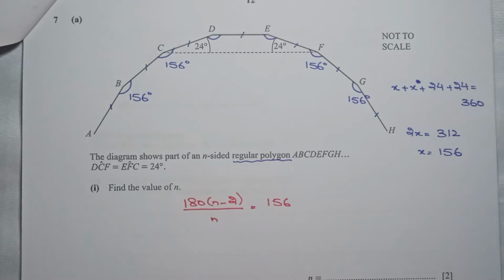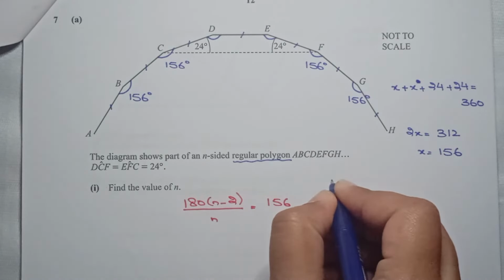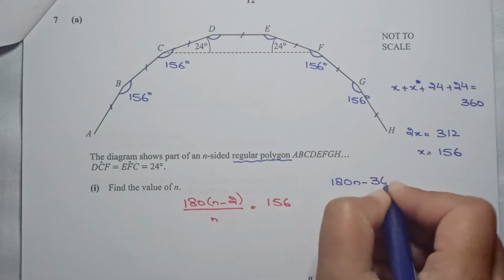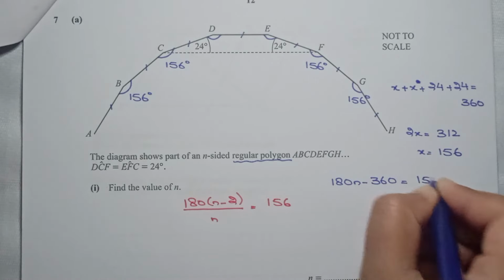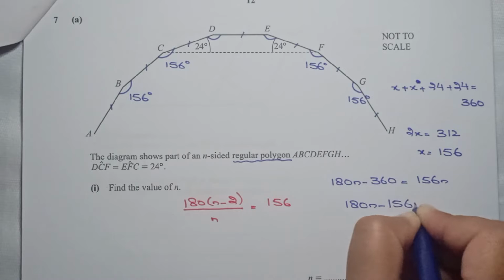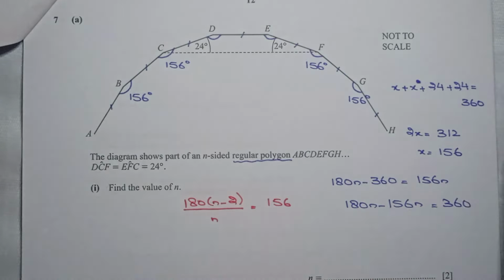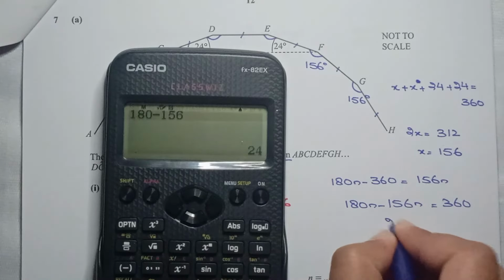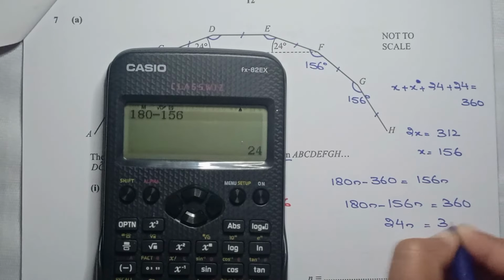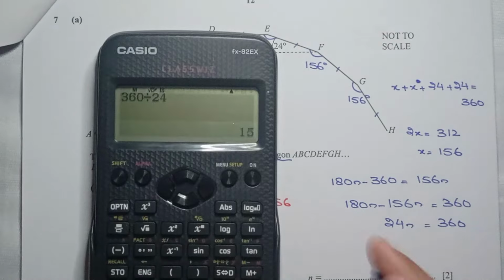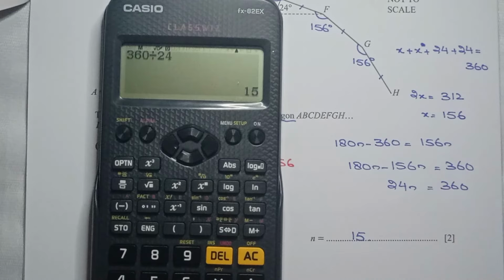Cross multiplying, we have 180n minus 180 times 2, which is 360, equals 156n. 180n minus 156n would be equals to 360. So 180 subtract 156 would be 24. 24n would be 360. 360 divided by 24 is n. So it is a 15-sided polygon. So n value is 15.